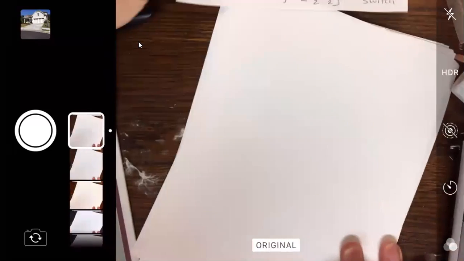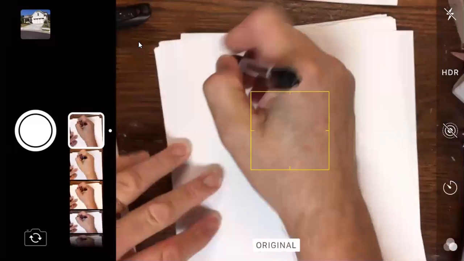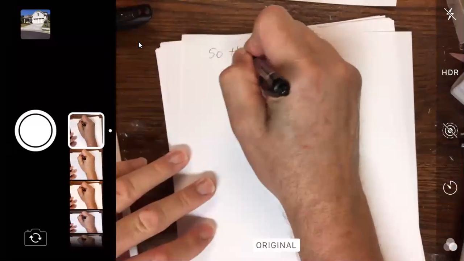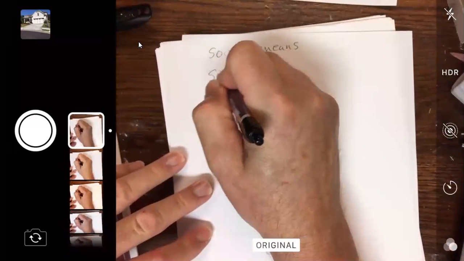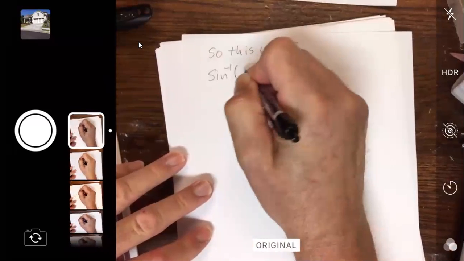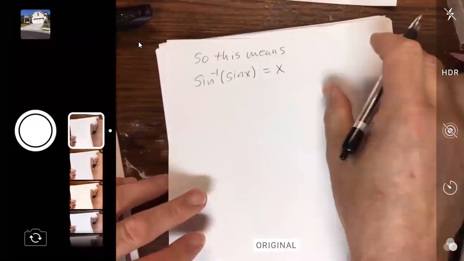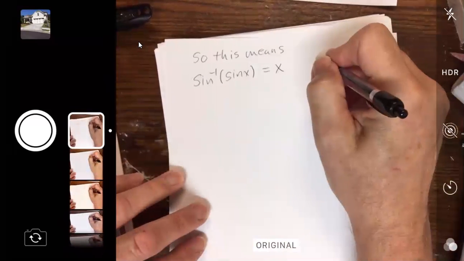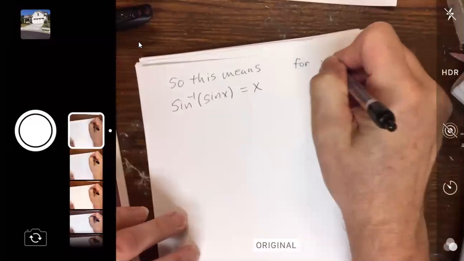Okay, so this means arcsine of sine of x equals x for x in the domain of sine.